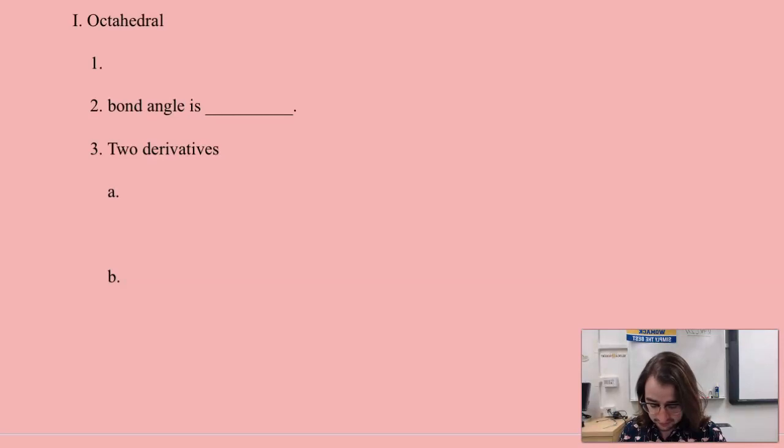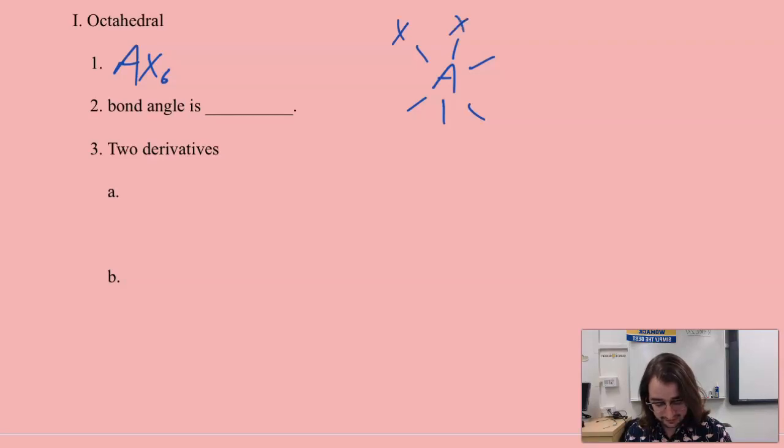This is octahedral. It's a little confusing because you would think that it would be called hexahedral because there's 6 things attached, but it's octahedral, okay? Octahedral has this kind of star shape. Looks like this. We have 6 things attached to the central atom, okay?